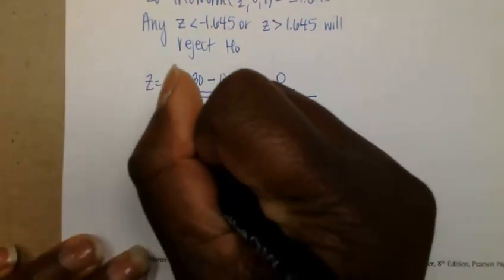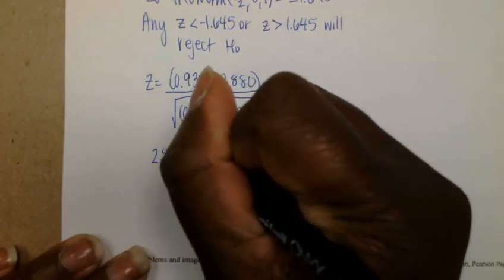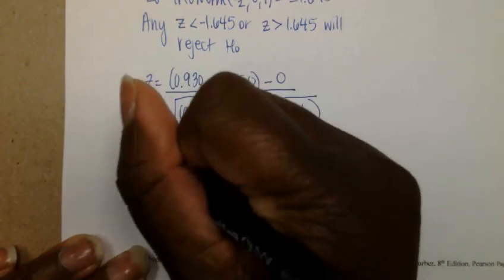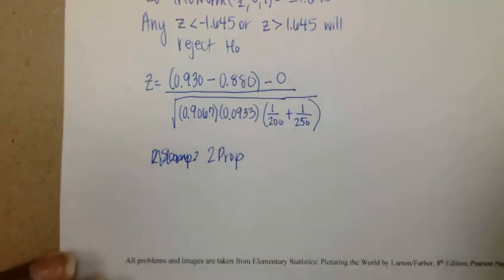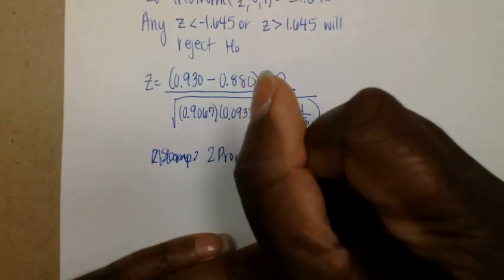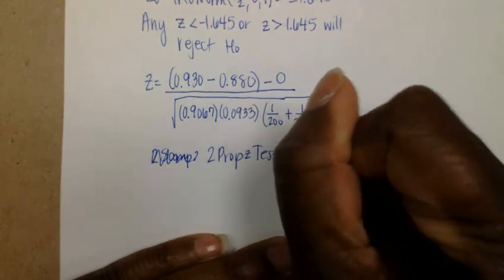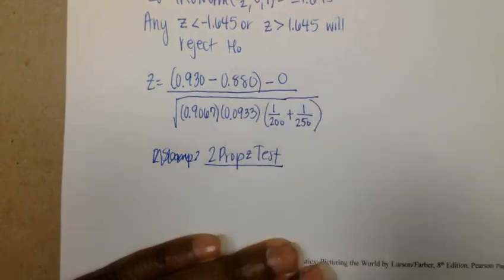So I'm going to use the 2-prop z-test. The 2-sample z-test is for the means.